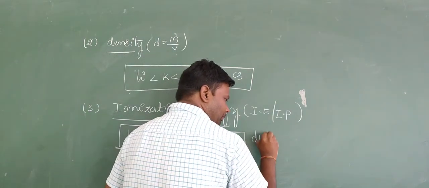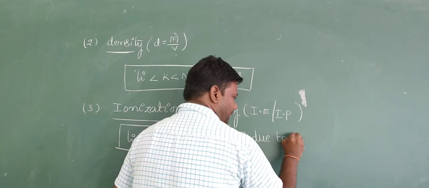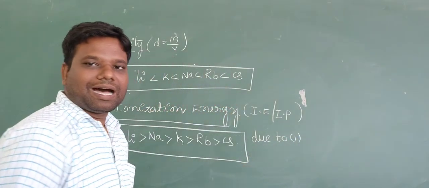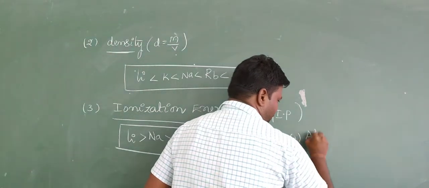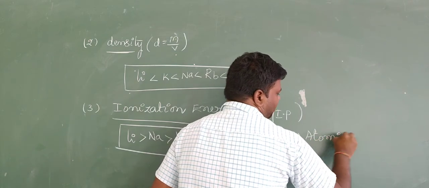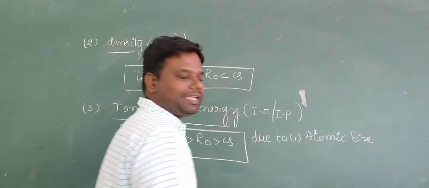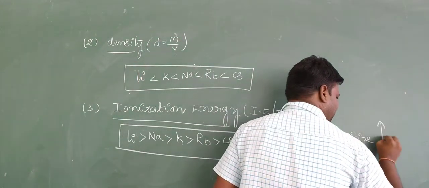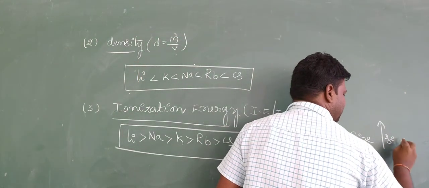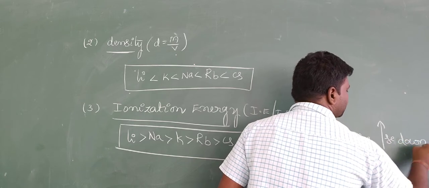Down the group ionization energy decreases due to two reasons. One is atomic size increases down the group. Atomic size or atomic radii increases down the group.